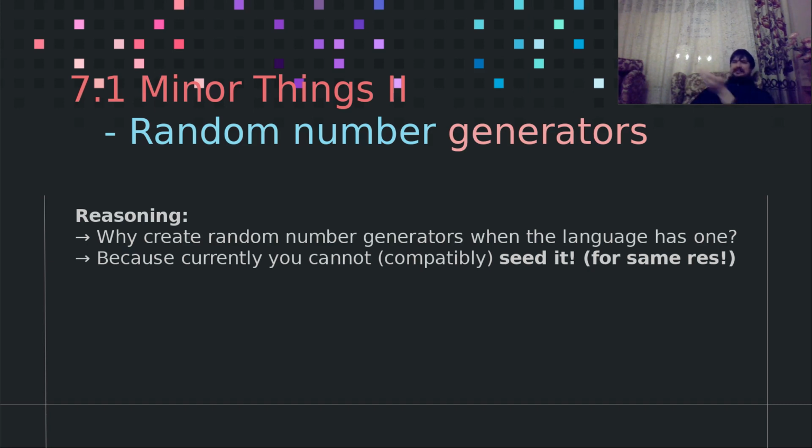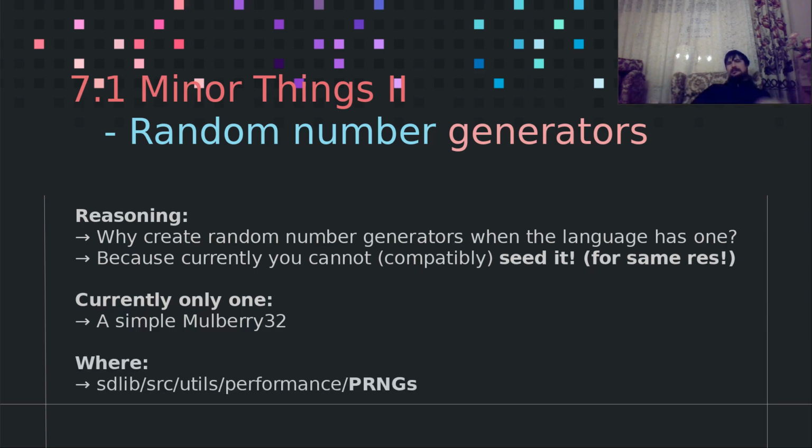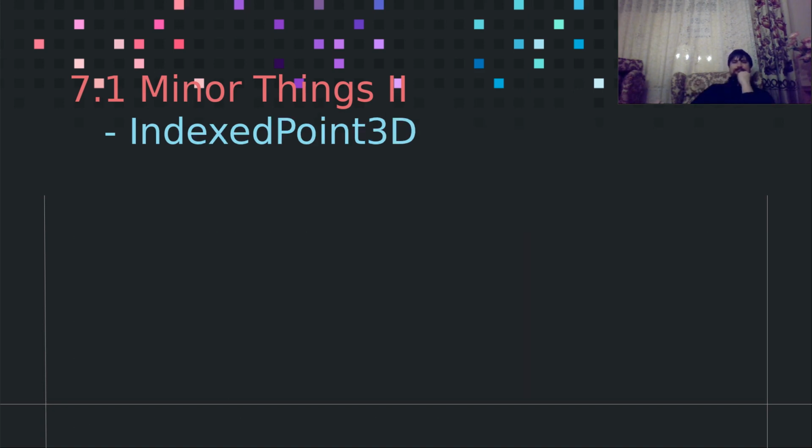So I needed it for that. Currently there is only one, because I did not have any need for something fancy and big. I just use Mulberry32. I took this implementation, and I say where it is in PRNGs. So it's good to know about that.